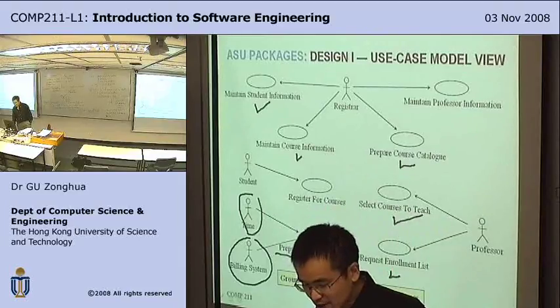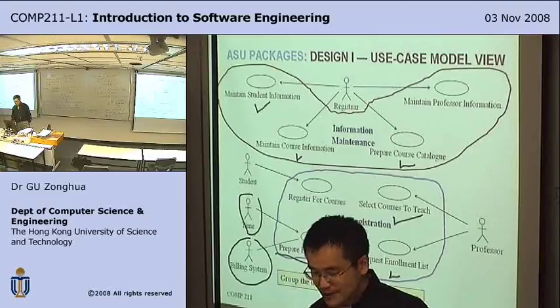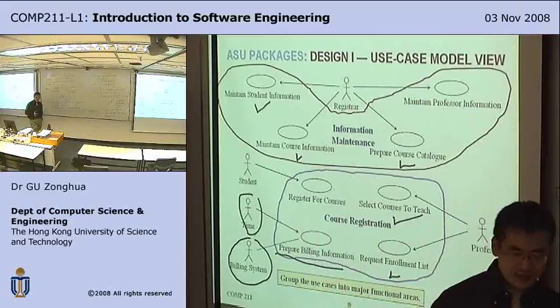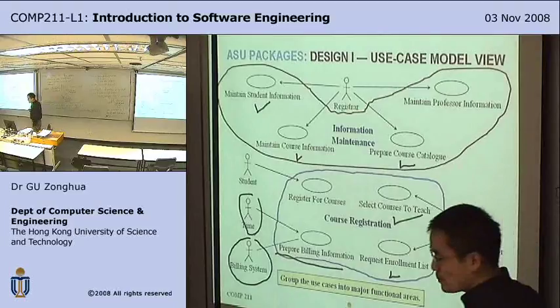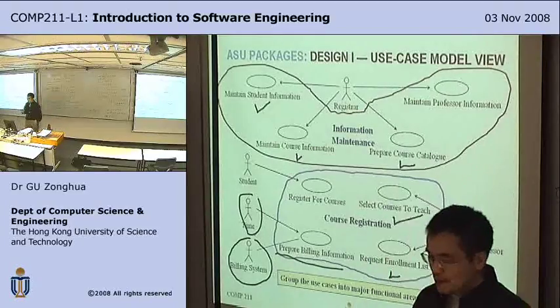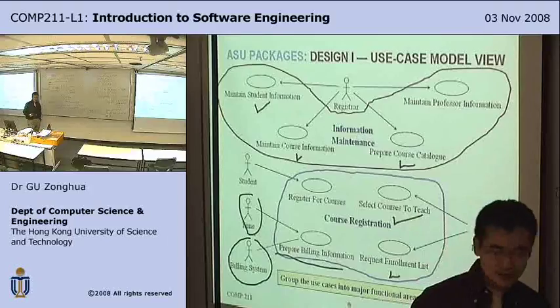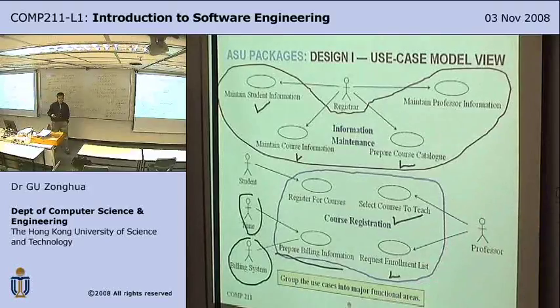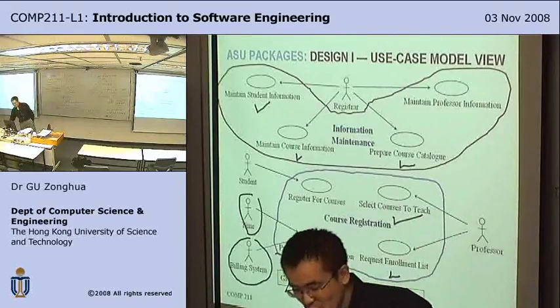So the first one is the most coarse-grained one, grouping the use cases into 2 packages. One is information maintenance performed by the registrar, that is to maintain, to modify, create, delete information regarding student, professor, course, and course catalog.